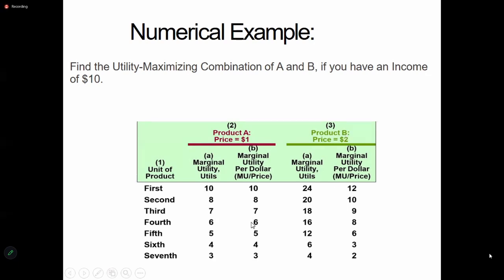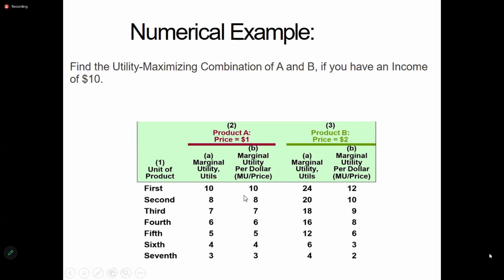Just see the numbers. This column and this column are important. You need to decide which combinations give you the same marginal utility per dollar. If you are getting the same satisfaction, you can go for purchasing it.